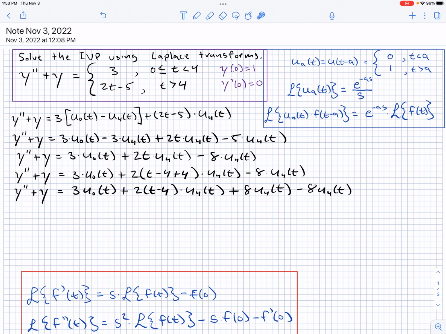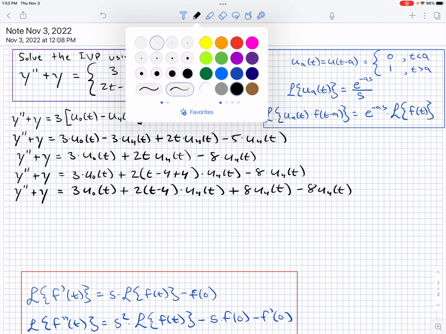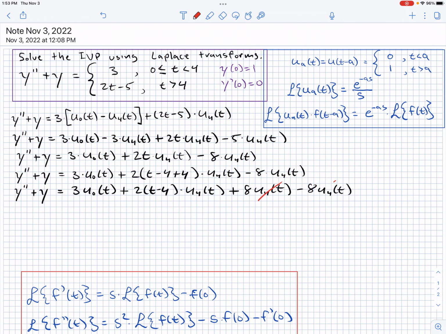So, just because it's easy to miss, this term 8 u sub 4 of t comes from when I split this apart: 2 times t minus 4 times u sub 4 of t, 2 times 4 is 8 times u sub 4 of t, and that's where that comes from. So, nice thing is this cancels out, and we are left with these terms here. y double prime plus y equal to 3.